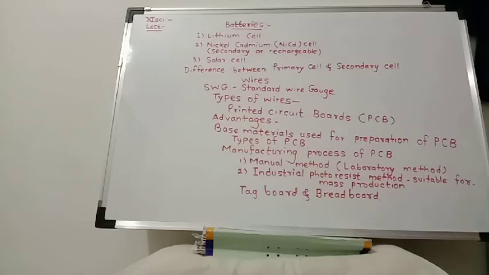Then stranded wires. Stranded wire is flexible and less likely to break open. The size of the wire is equivalent to the sum of the areas of the individual strands.